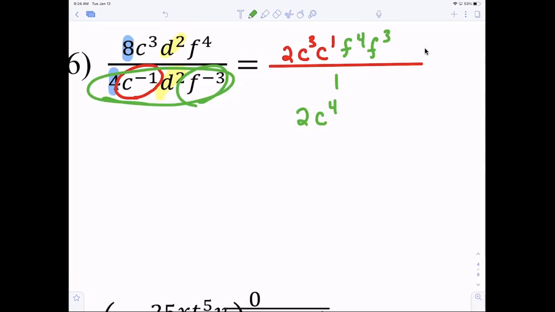Wait, but what if the C and the 1C, wouldn't that add to the 2? No, I mean, not the S. No, I'm not. I'm multiplying here, kiddo. So it's 2 times, if anything, it's just 2 times 1. Now, come on now. Make sure you're with me. Do you understand that or not? Do you want me to say it again or are you good? All right. So now tell me about the F's.